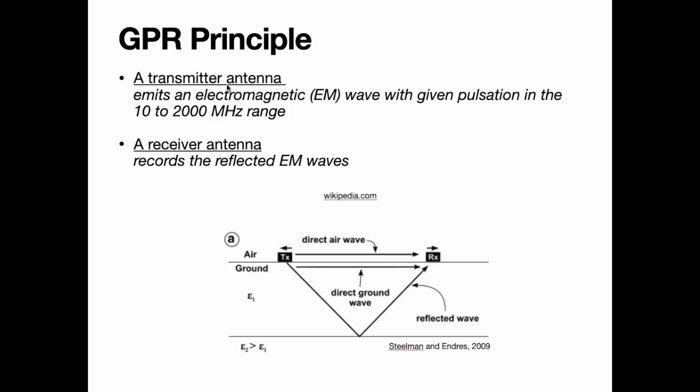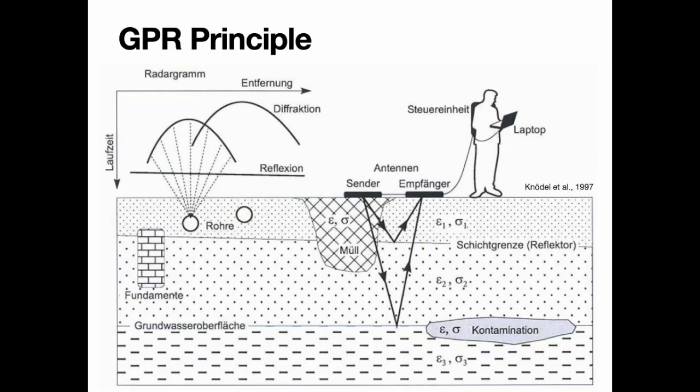So the transmitter emits an EM wave with a given frequency in the range of 10 to 2000 megahertz, and this will trigger a wave that will reflect inside the ground, and that will be recorded. The signal of this reflection will be recorded by the receiver. So that's for the principle. It's very similar to seismic methods.